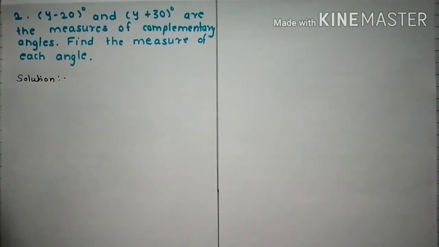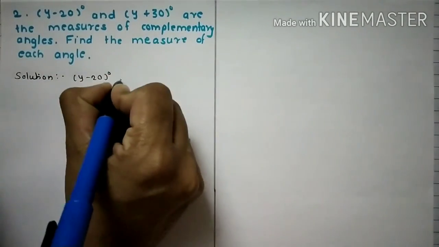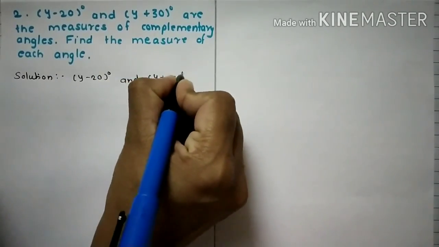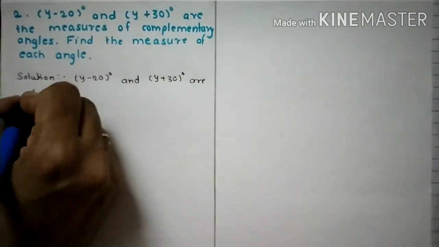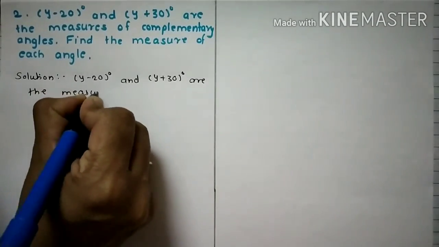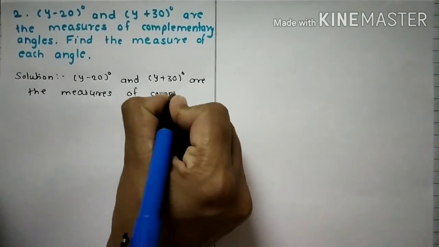First write down, y minus 20 degrees and y plus 30 degrees are the measures of complementary angles.